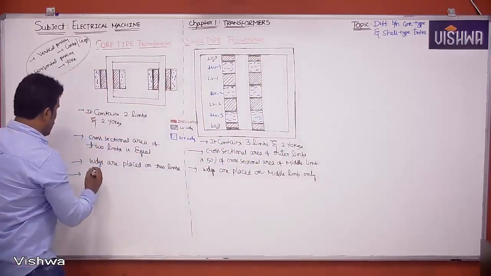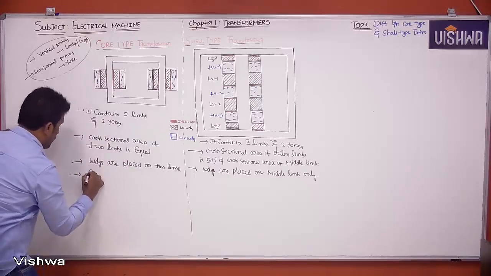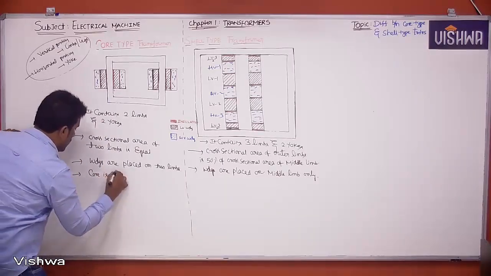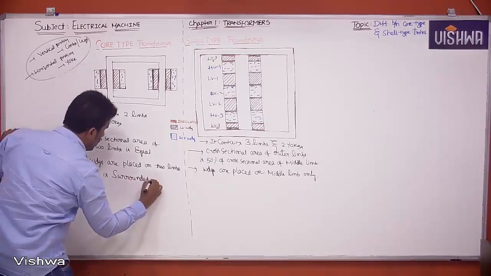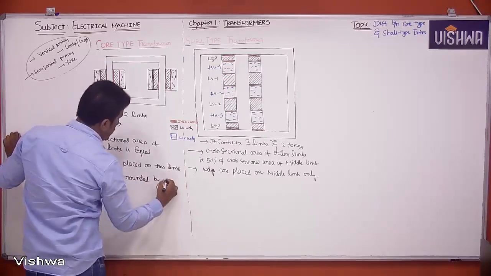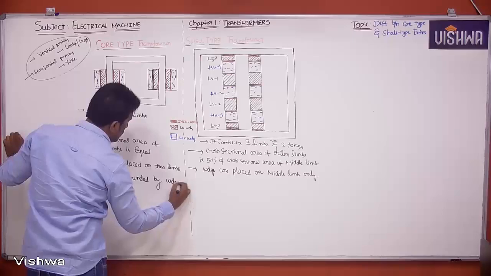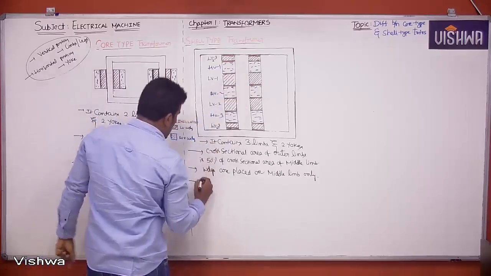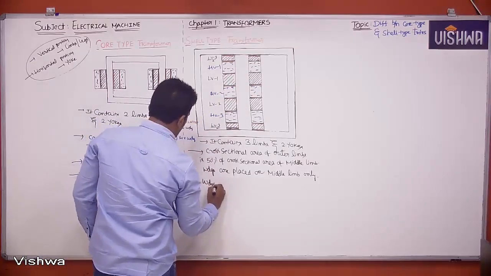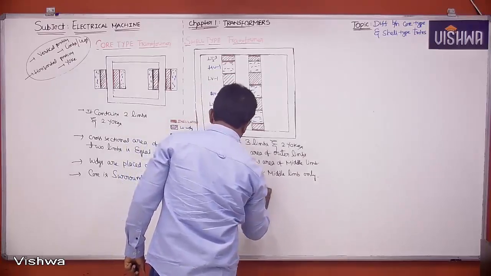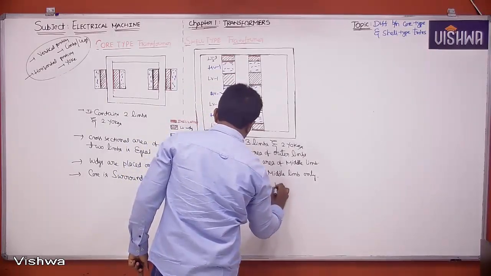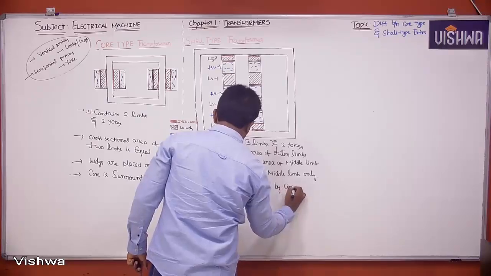So I can write here: in core-type transformer, core is surrounded by windings, whereas here windings are surrounded by core.